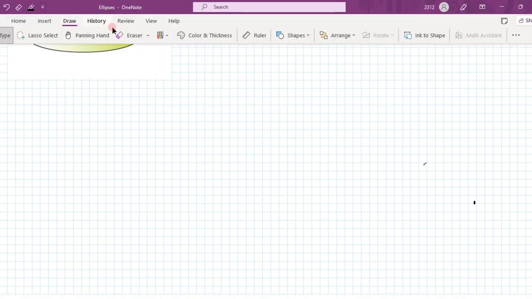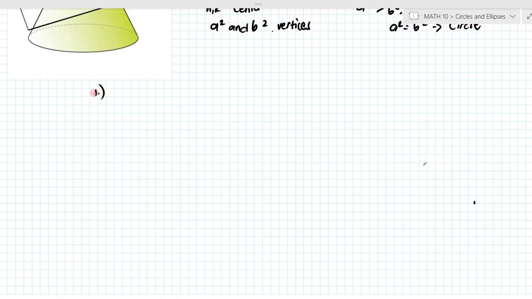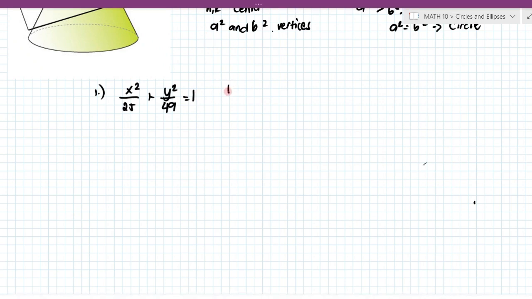So let's say we have the formula x squared over 25 plus y squared over 49 is equal to 1. So we need to find our center, h and k, and at the same time our a squared and b squared.